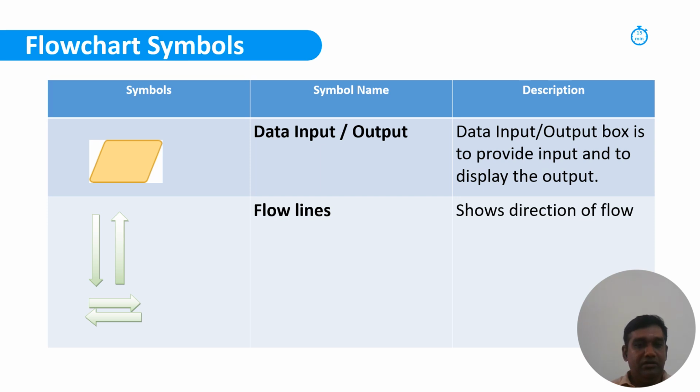For getting input and displaying output, we are going to use the parallelogram. And we are going to use the flow lines, which are the directions of a flow. It may be an upward and a downward arrow, and the direction should be followed left and right. So these are the symbols we are going to use in our flowchart.